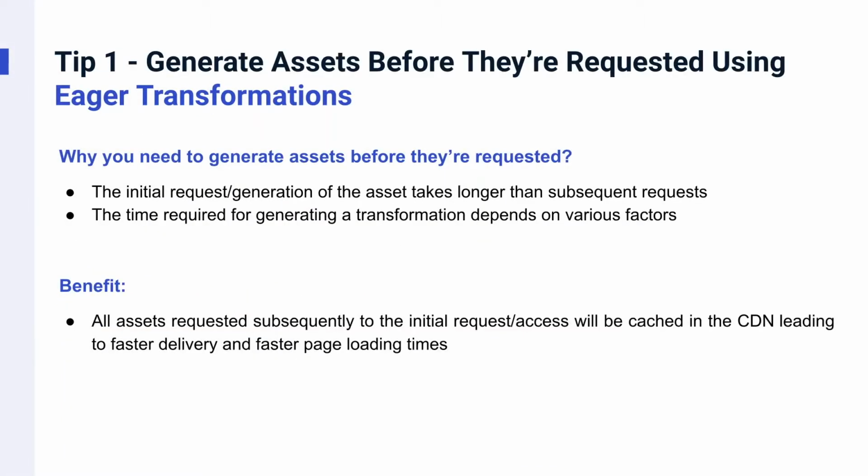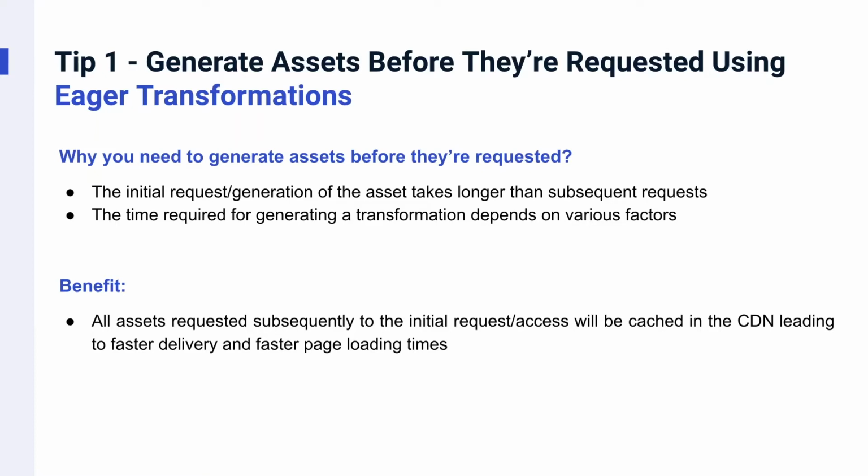So tip 1 would be to generate assets before they are requested. What does that mean? If you're not familiar with the concept of eager transformations, let me explain it. Cloudinary can either transform your assets on demand when first accessed by your visitors or during the asset upload as an eager transformation.